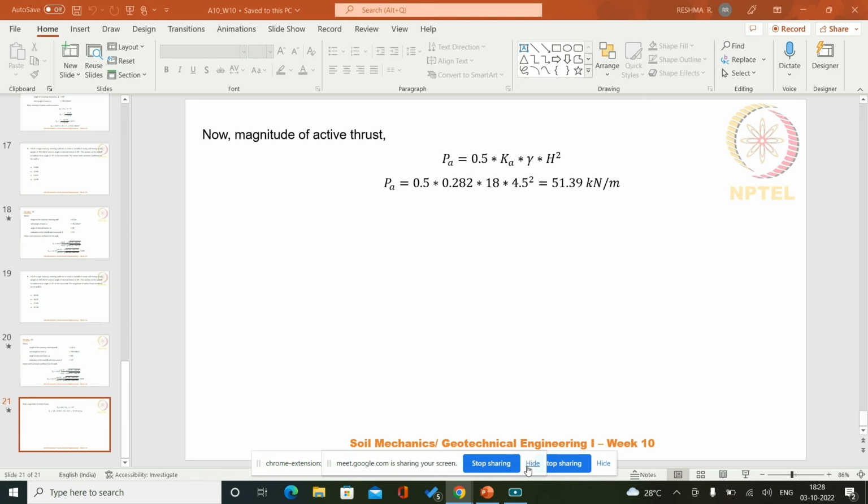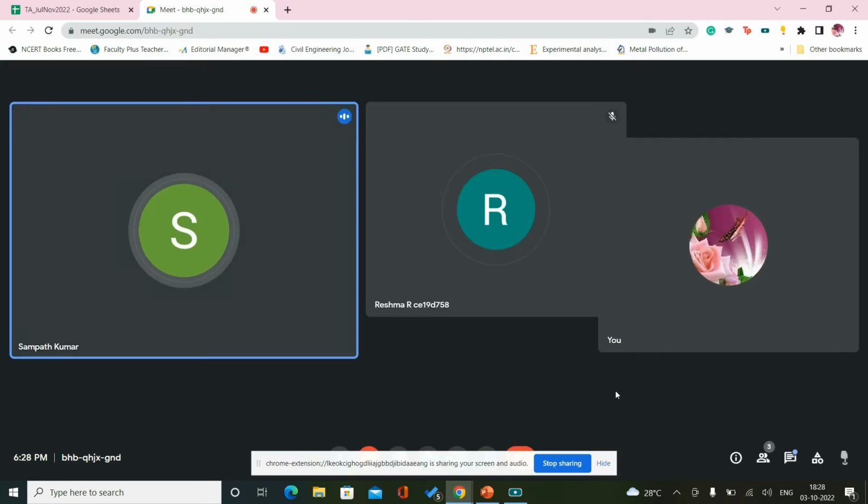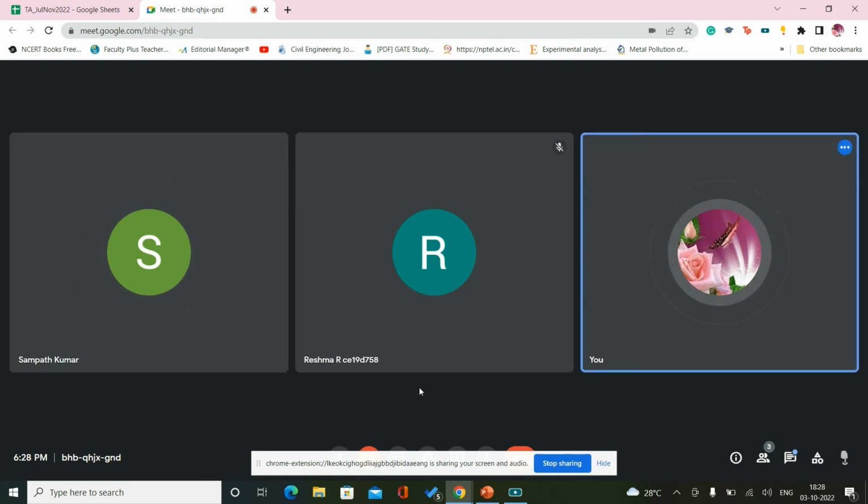So active earth pressure means generally we construct a retaining wall to store the earthfill material, right? Yes. So obviously that earthfill always creates pressure on the wall, which is called active earth pressure. Actually, active earth pressure comes into action when there is a movement.